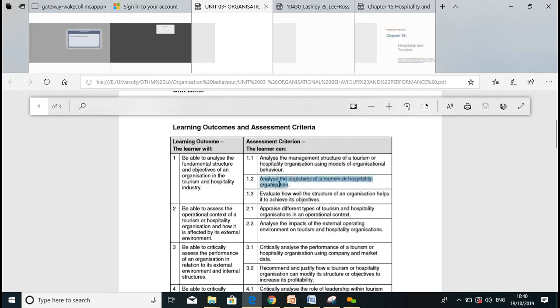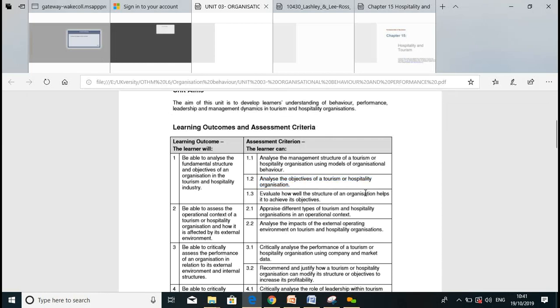The second assessment criterion is to analyze the objective of the tourism or hospitality organization. What are the objectives of these organizations? We can go through different organizations, like where you're working, and maybe discuss the objectives there. If you go on the organization's website, you can read the corporate objectives.